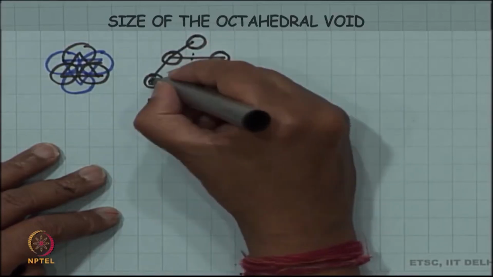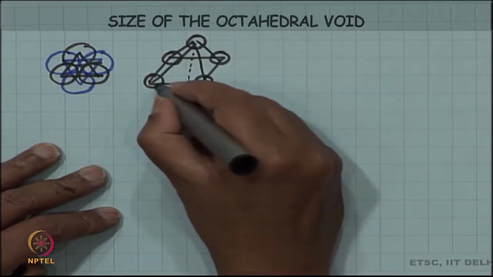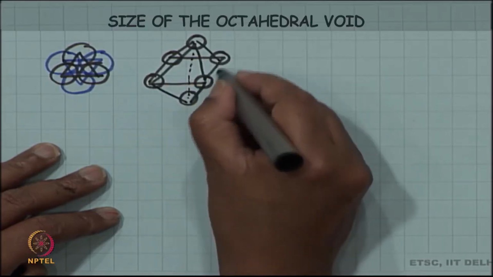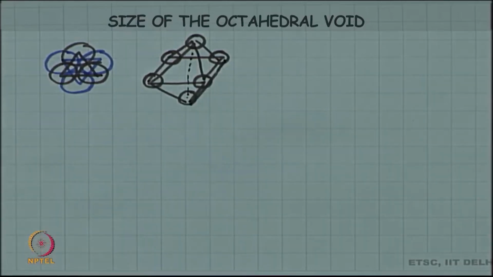So, essentially this becomes a square based dipyramid. These are the two phrases which I had used in the slide.